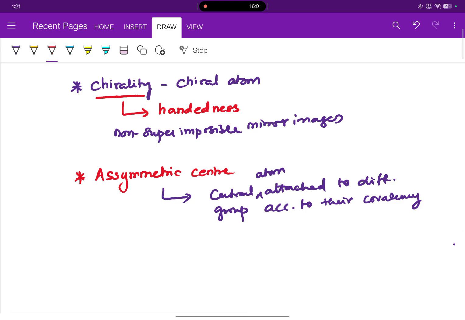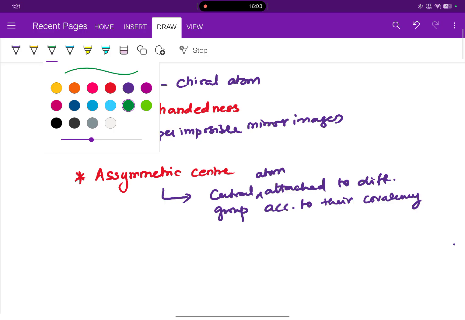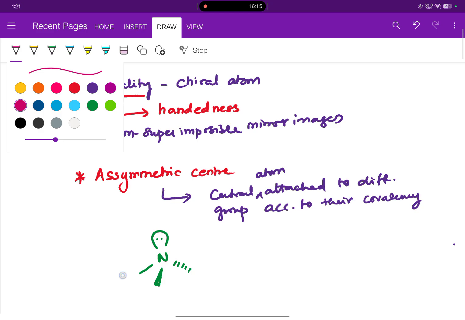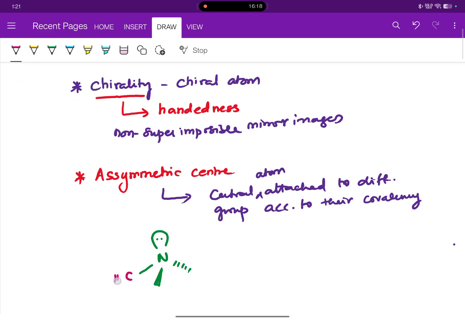For example, take nitrogen. It has bonds like this: CH3, H, and C2H5. Nitrogen's covalency is 3, so it is attached to 3 different groups. So this is called an asymmetric center, and an asterisk is marked on it.